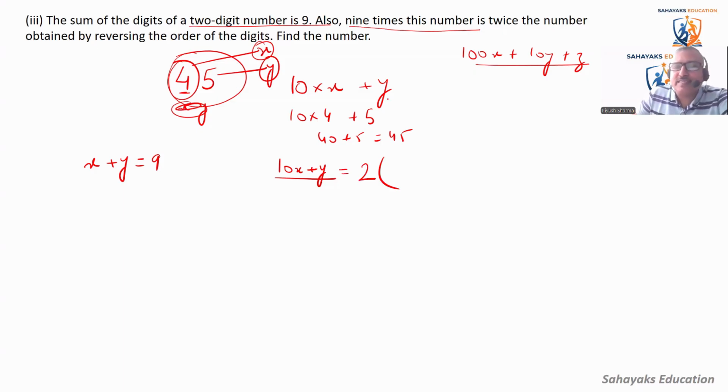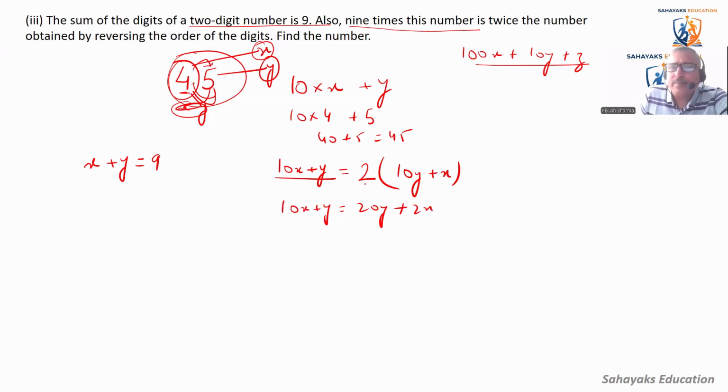So when we reverse the digits, this will become this and this will become this, right? So the number becomes 10y plus x, because the value of y has gone to the tenth side and the tenth value has come to the unit digit.